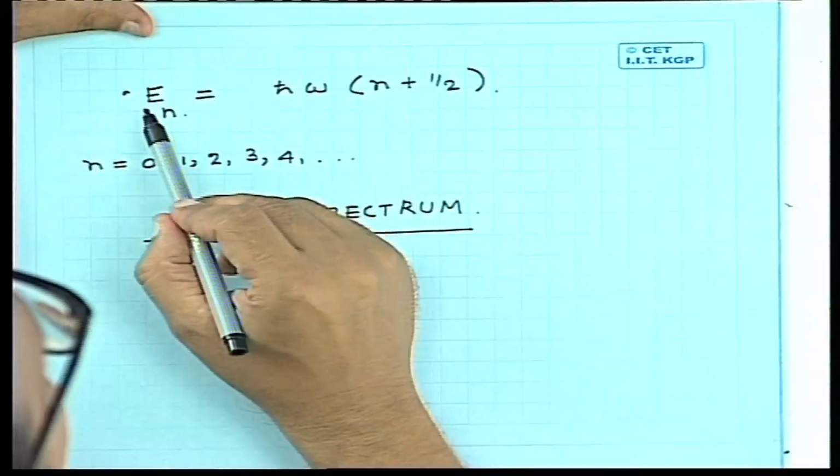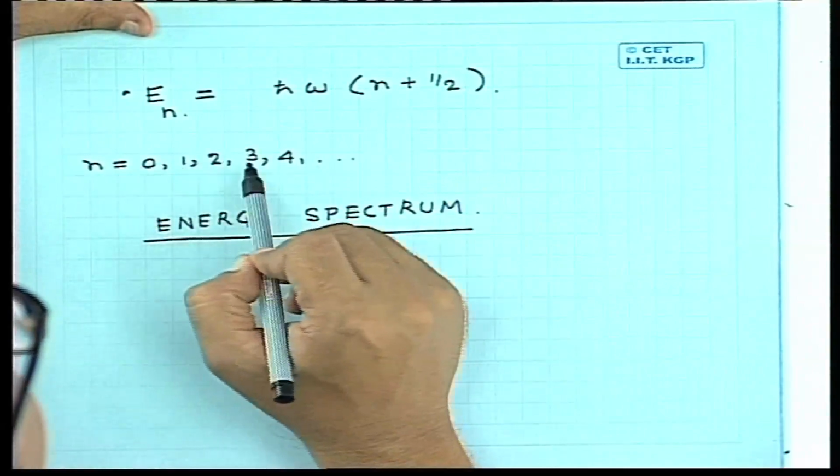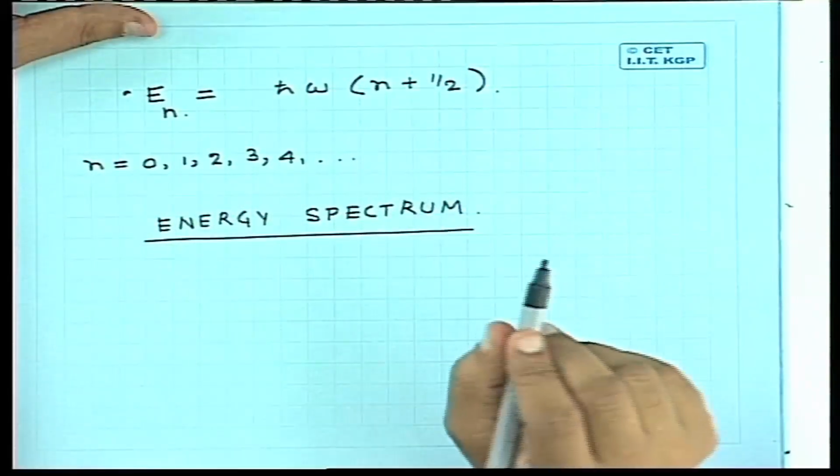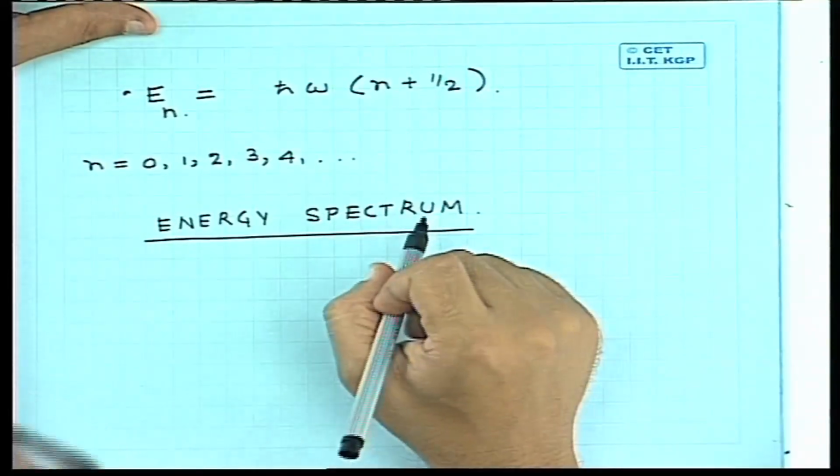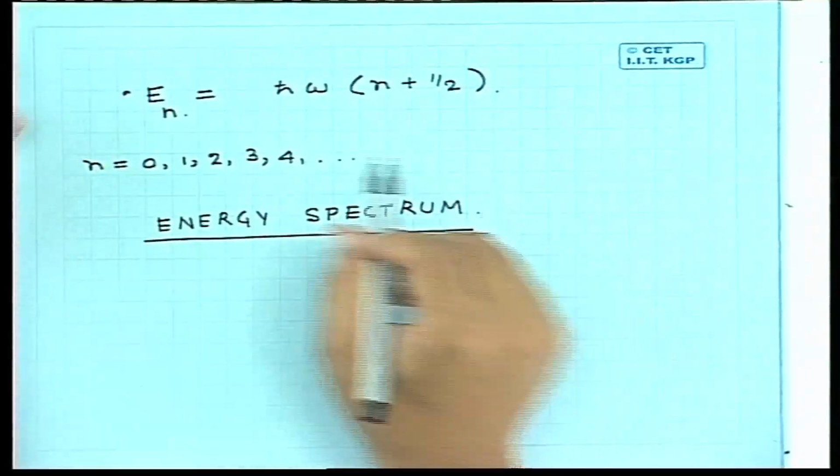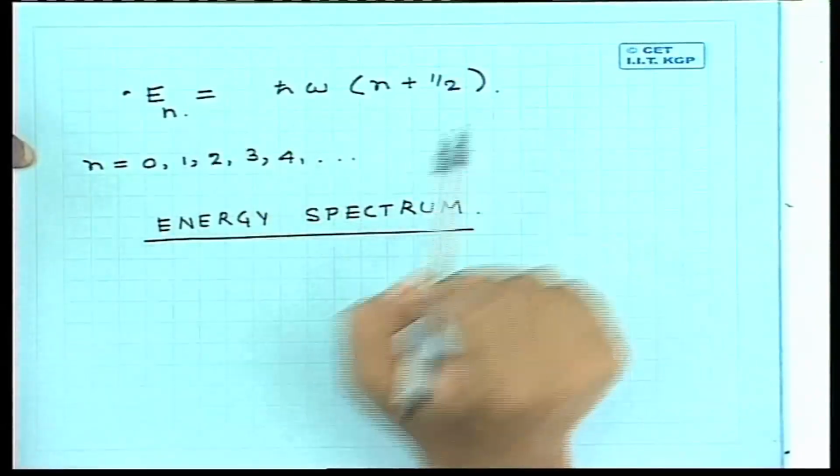I make a measurement of the energy. Then the outcome of the experiment is going to be one of the eigenvalues of the Hamiltonian. So I am going to get one of these energies where n is equal to 0, 1, 2, 3, 4, 5, etc. A measurement of energy is always going to reveal one of these values.